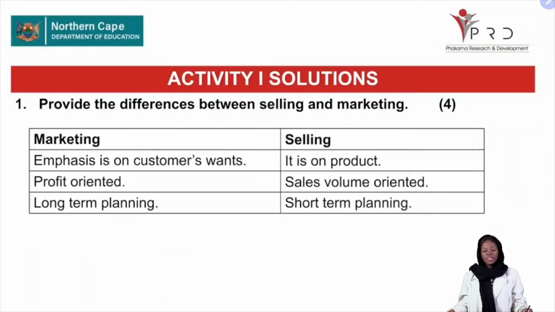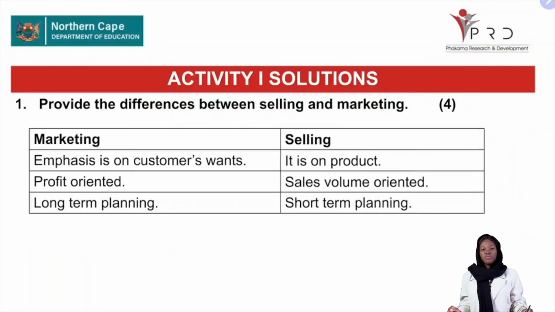Marketing is profit oriented, and selling is sales volume oriented. Marketing involves long-term planning, while selling involves short-term planning. For 4 marks, you could give the first 2 options, or the last 2, or the first and the third one.